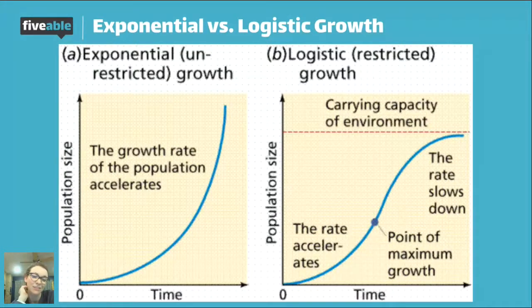So that carrying capacity can change, but we have this rate of accelerated growth, and we hit some sort of maximum growth, and then our population will start to slow down because of births and deaths due to lack of food, resources, water, habitat, or whatever. That rate is going to taper until we meet the carrying capacity of the environment. We're going to see that in a practice problem in just a second.